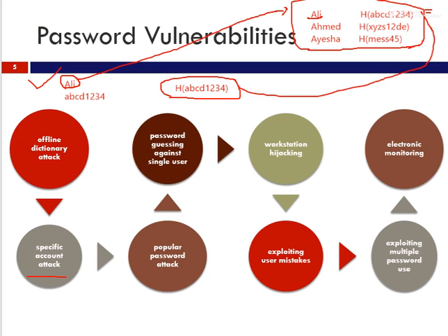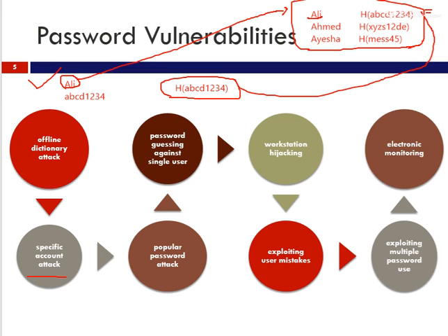Okay, password guessing against a single user. This is where the attacker tries to gain information about the account holder and the system password policies, and uses that knowledge to guess the password. Like, you have information about the account holder, such as the user ID or email of this user. Mostly email also works as a user ID. And you also know that in this particular system or network, this is the password policy.